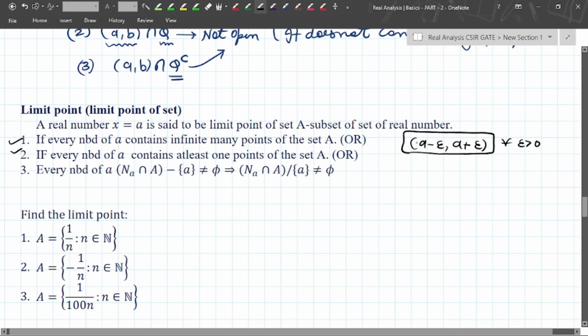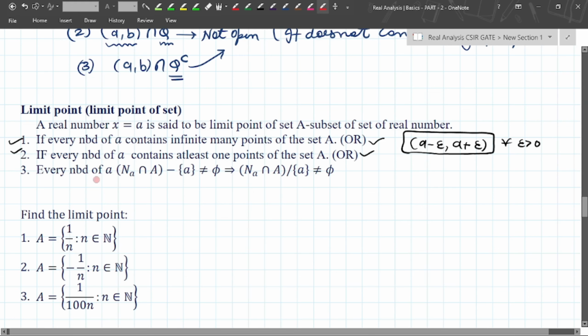If it contains infinitely many points, it means that there is at least one point present in that particular neighborhood. So both statements are correct. At least one, not at most; at most it may be infinite. So both statements are the same. The meaning is the same.